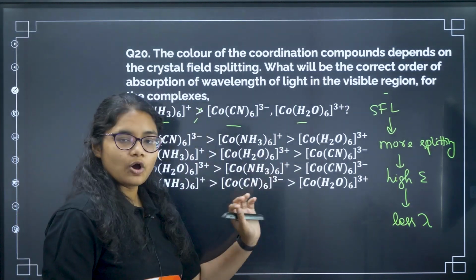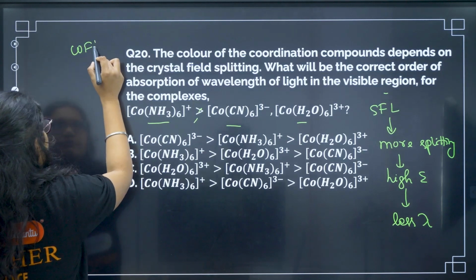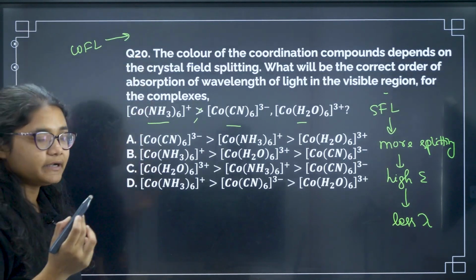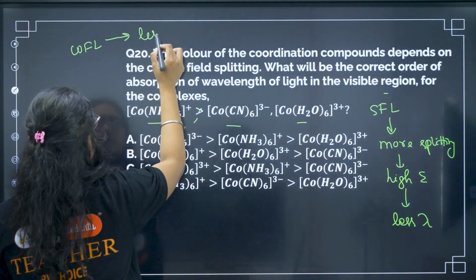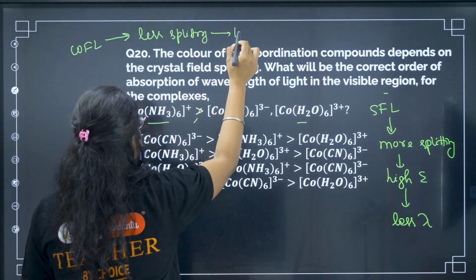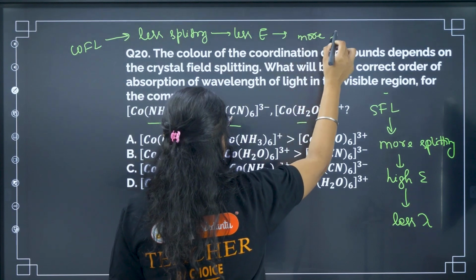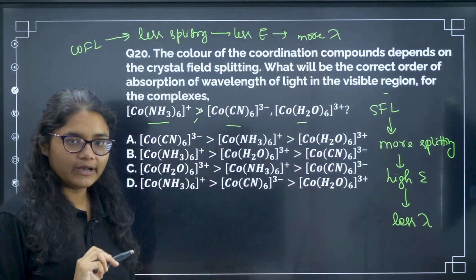Now it is also opposite. If it is a weak field ligand, just the opposite will happen. What will happen about the splitting? Splitting will be less. If less splitting, then it is less energy. If less energy, then it is more wavelength or larger wavelength, right?